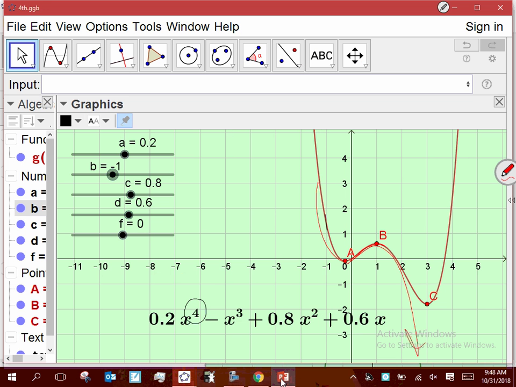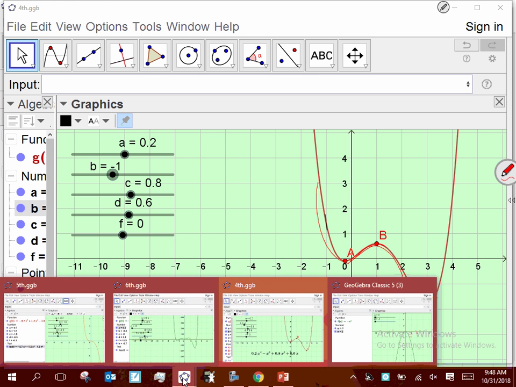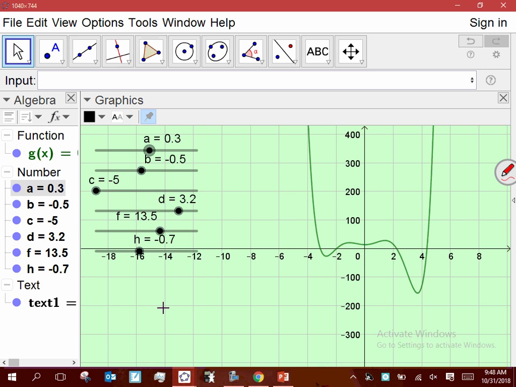Now a 6-degree polynomial, I think I've got a 6-degree here. You can see that with 6 degrees, the stuff in the middle, in the interior of the graph, is doing some weird things, right? But is the end behavior the same as what x to the 4th was? Same end behavior as x squared was.